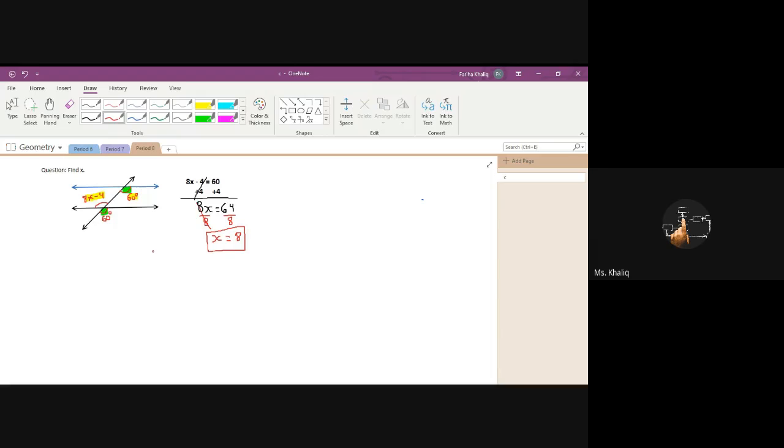So let's look into another example. Let's say I'm given a line like this, and another line like this, and it's cut by another line going like this. And let's say they're giving us this angle here.